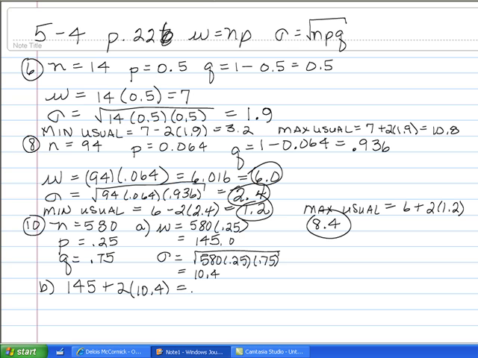And we're going to get 145 plus 20.8, 165.8. So he came up with 152. So that's not unusually high. It's not greater than the usual max.